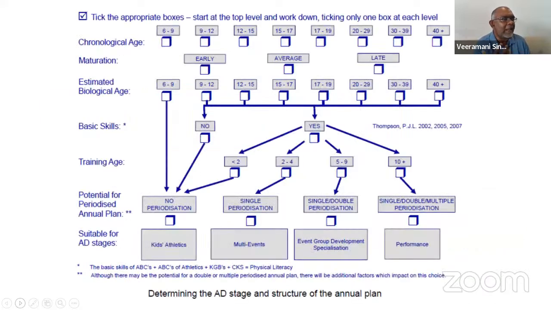Some guidelines you can have to help you dissect, but this one is not to use for the sessions here; it's more for you to use as you move on. Starting from chronological age, maturation, and biological age, when you tick each box, it gives you guidance on what type of periodization plan and which stage should guide your planning.